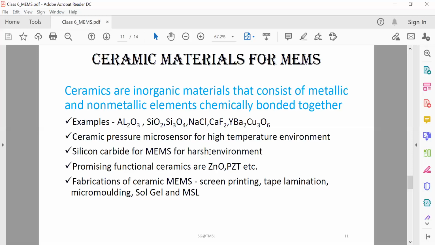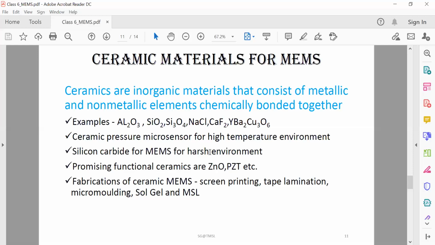Silicon carbide is a very promising material for MEMS for harsh environment. Silicon carbide is a very important material nowadays in optical devices and in VLSI also.